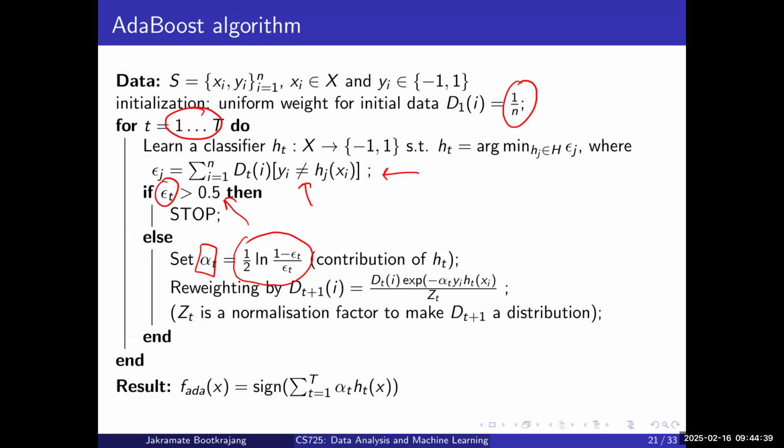So this will give you the contribution. If the error rate is very close to 0, you have a higher value for the weight.